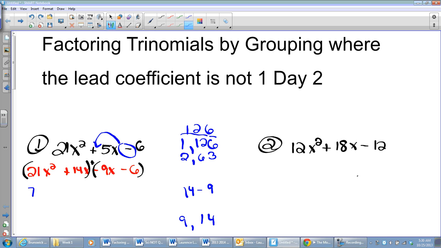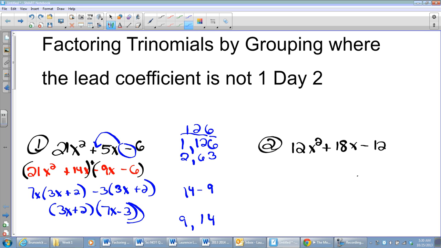First quantity looks like it's going to be a 7x. I'll get 3x plus 2, and then I'll pull out a negative 3. 3x plus 2 is left, and we'll get 3x plus 2 times the quantity 7x minus 3. And there you go. See, I didn't waste my time listing all the factors, but just kind of used some common sense.